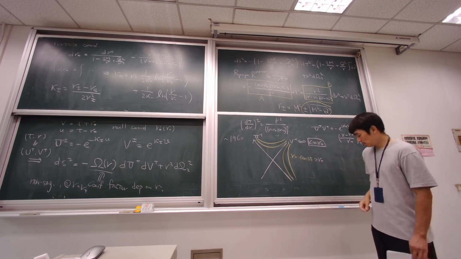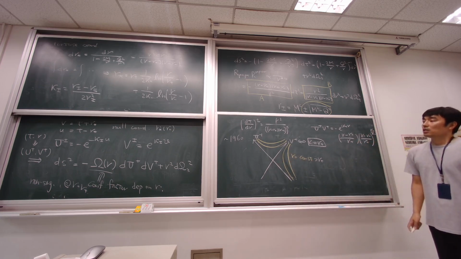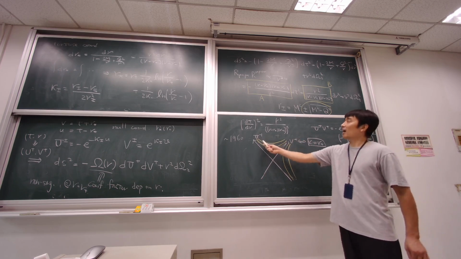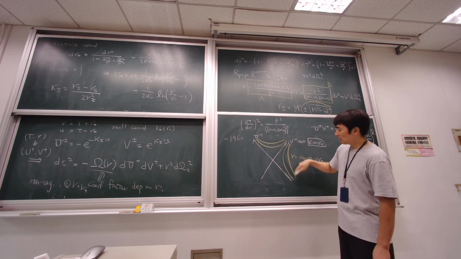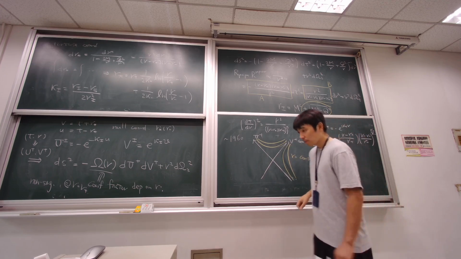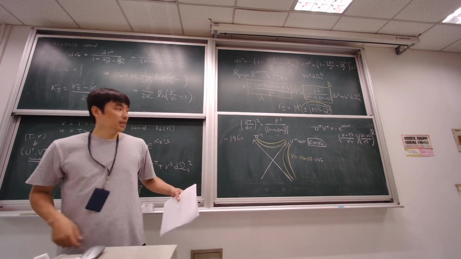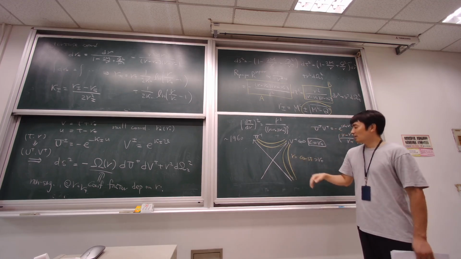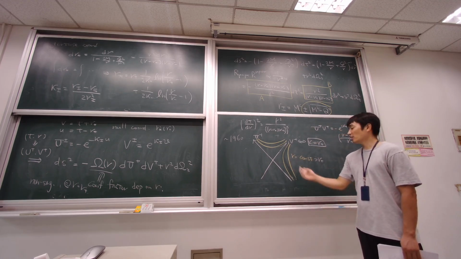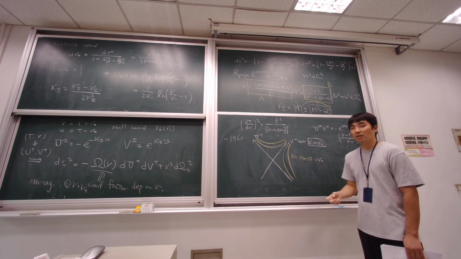But now it becomes spacelike. So here R constant is like a timelike line, which means that R is a spacelike coordinate.